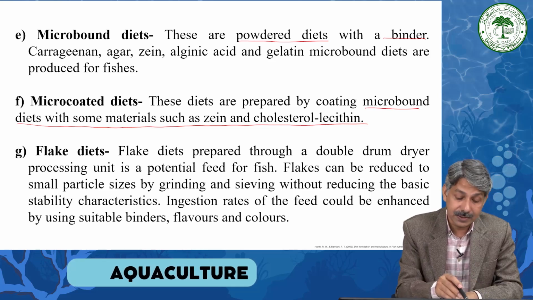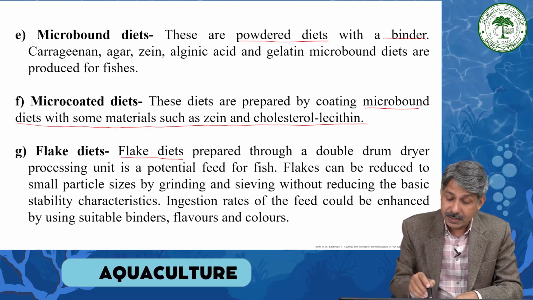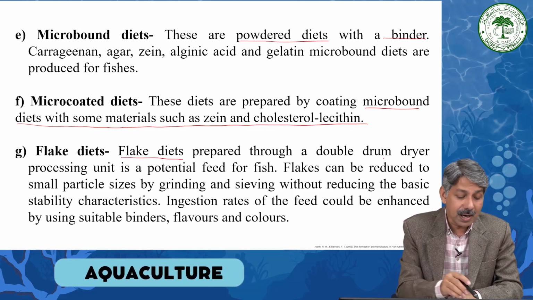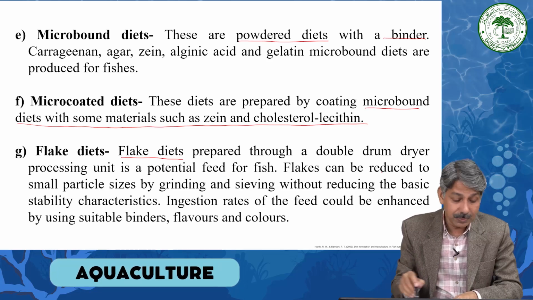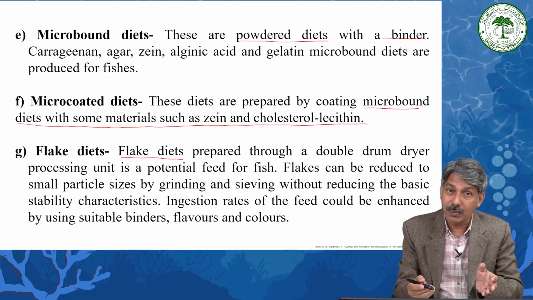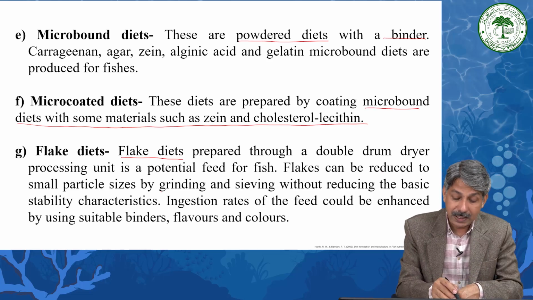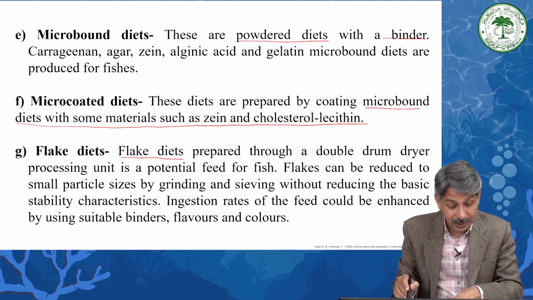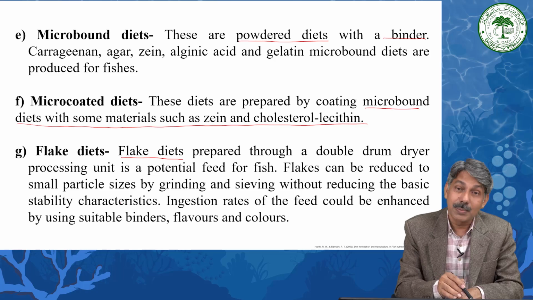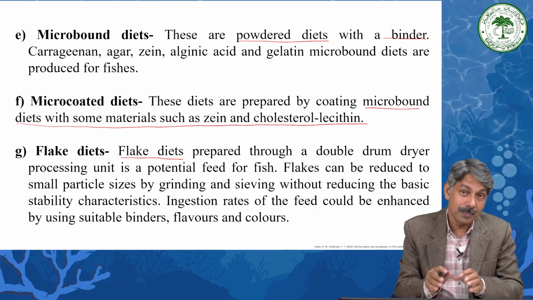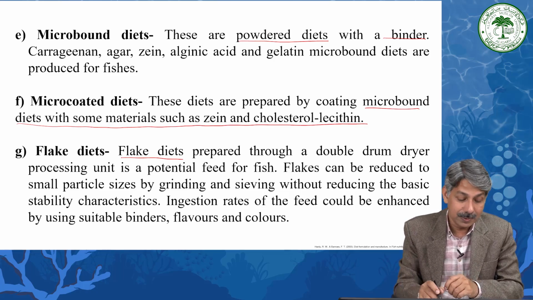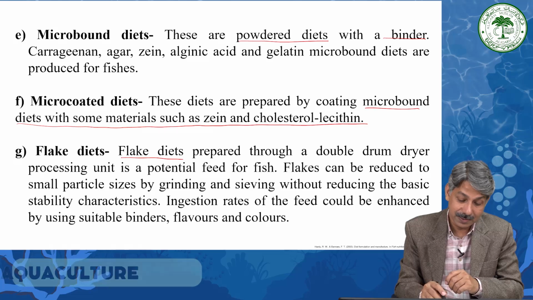Then we have flake diets. Flake diets, prepared through a double drum dryer processing unit, is a potential feed for fish. Flakes can be reduced to small particle size, whatever you need, by grinding and sieving without reducing the basic stability characteristics. So that is a very important criterion, that from the flake you are producing the particles of desired size.